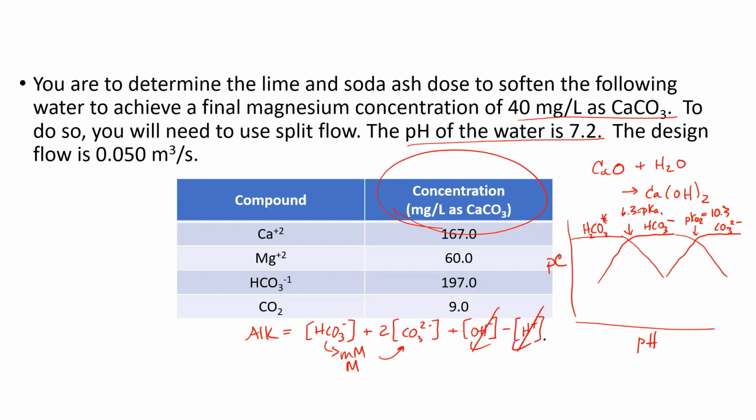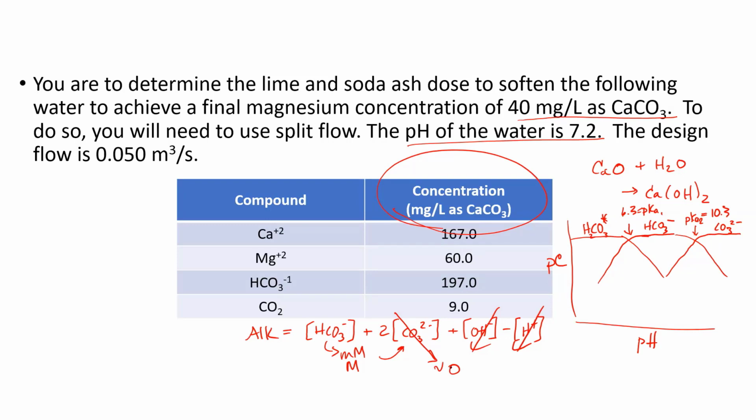And if we're right in here, around pH 7, the concentration of bicarbonate is significantly greater than the concentration of carbonate, and this is also small.